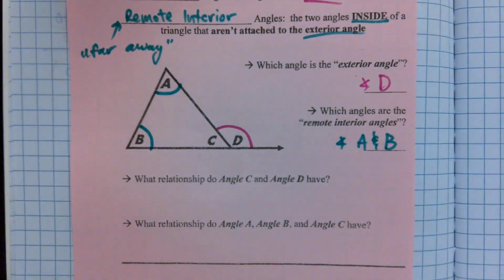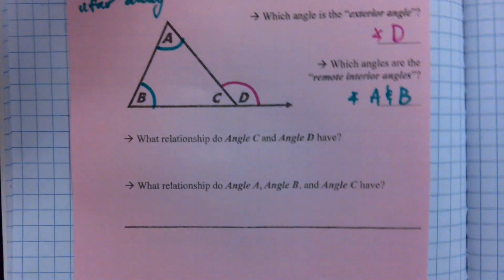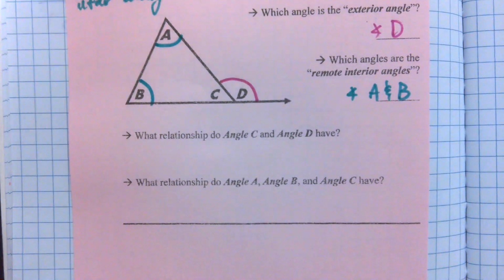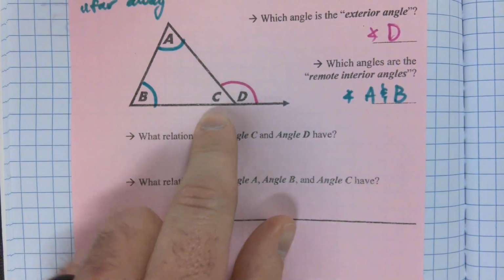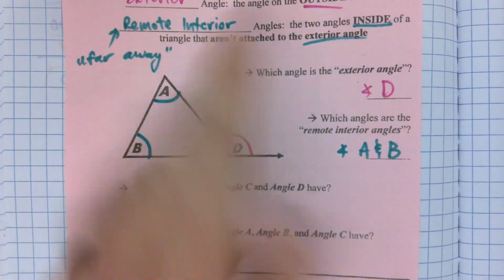Okay, this relationship will make sense once we break down all the different things going on in this picture. Yes, technically, C is one of our interior angles, but it's not a remote interior angle.